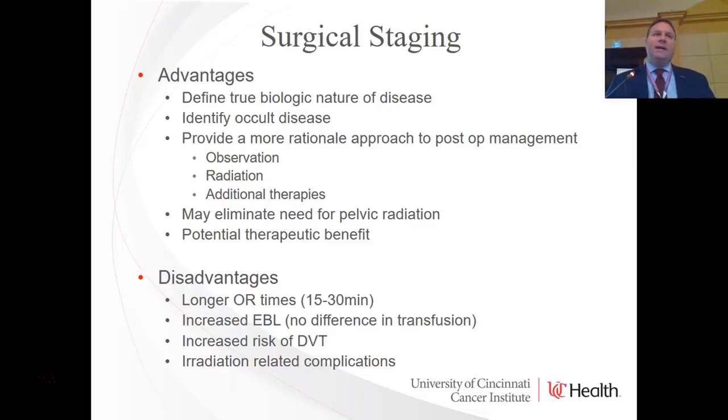There aren't really any cancers where we can argue that removing occult metastatic disease improves survival, but there are some retrospective studies speaking to this. Disadvantages include longer operative time, increased blood loss, although the relative difference is fairly minimal, and certainly increased risk of lymphedema and associated complications from removing lymph nodes.